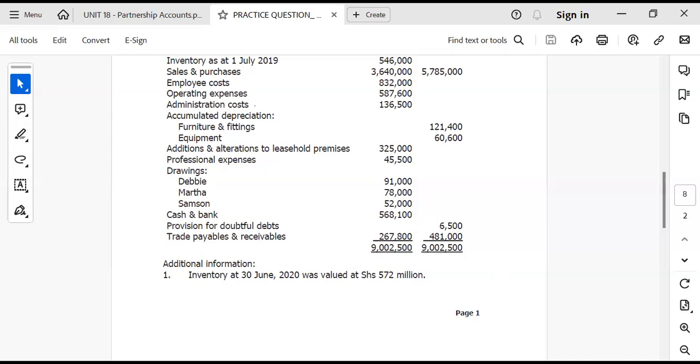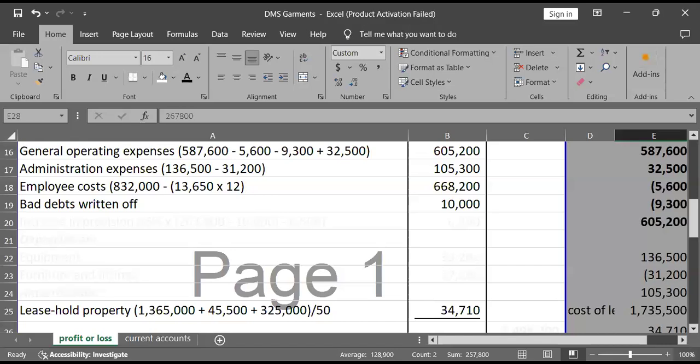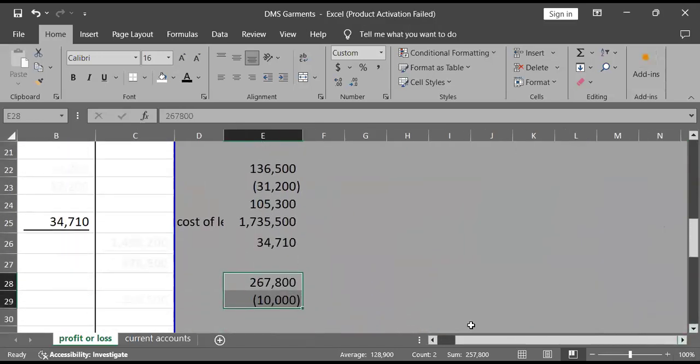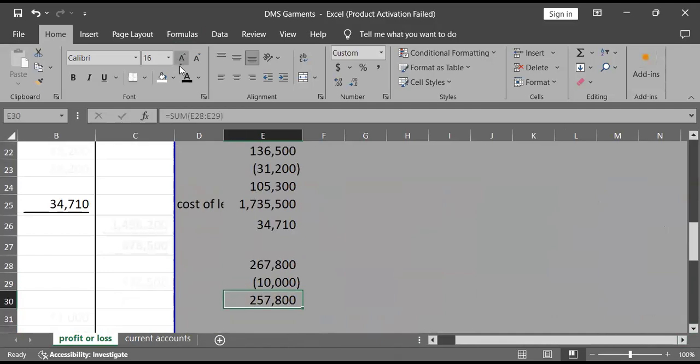So let's see how we are going to provide for that 5%. We have gotten our net receivables by getting the total value of receivables minus the value that we wrote off. So when we subtract, we'll get our net receivables being 257,800. So they have told us that we are going to provide now 5%.